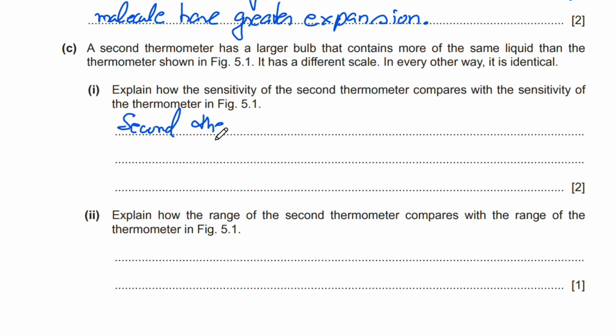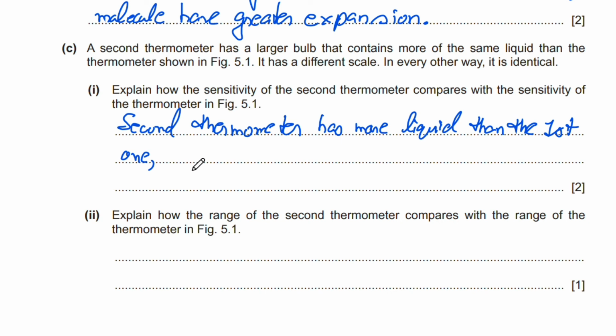So what you will write is the second thermometer has more liquid than the first one. Hence it will move a greater distance as compared to the first one, resulting in being more sensitive.